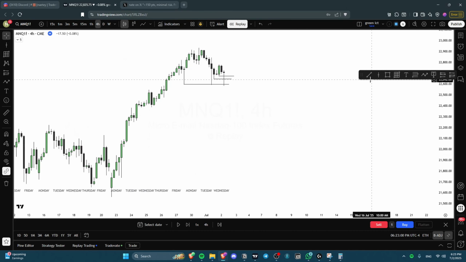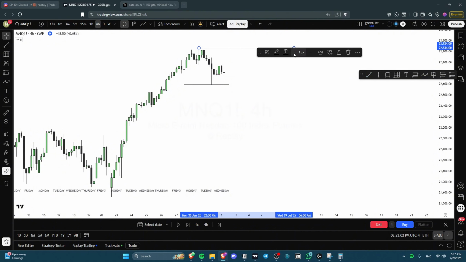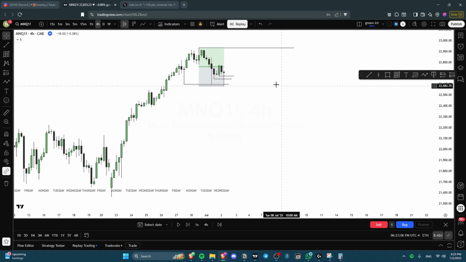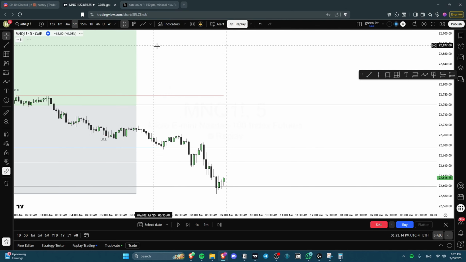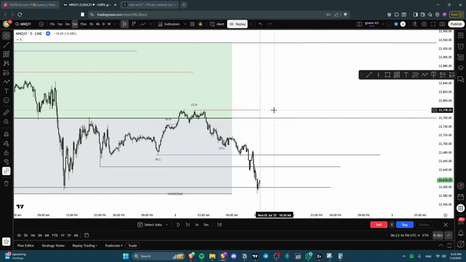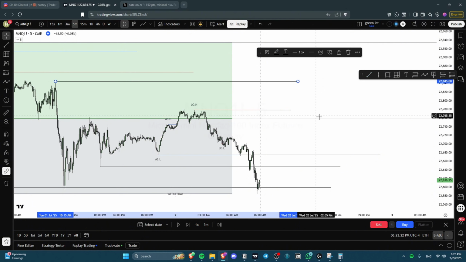I would really want to see new all-time highs or at least get us back into 0.5 of this range. So get us back to 766, right? This is 0.5 of the range right here. All right. We also have these London highs up here we could target and this high right here.